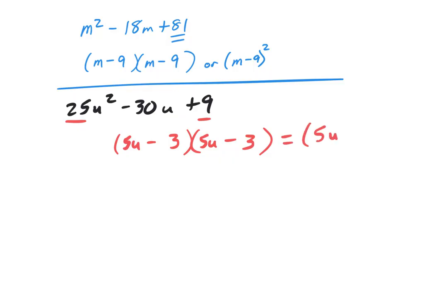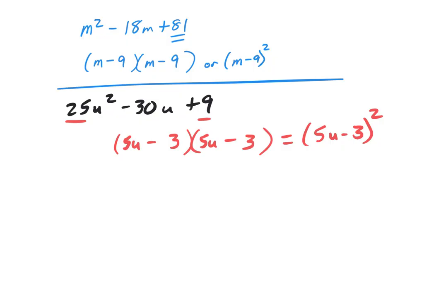And once again, if you wanted to, you could just do 5u minus 3 squared. Either one of those would be okay. I'm not going to say you have to write it one way or the other. Either one would be acceptable, like on a test or a quiz. But you do want to make sure that it does make the middle term. If it doesn't make the middle term, then something's wrong.